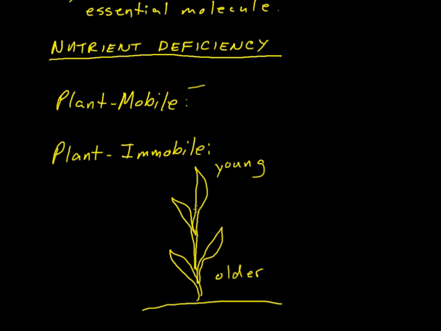Where it occurs first on the plant can tell us a lot about what element might be causing that condition, or which element is lacking. And this has to do with the mobility within the plant. So in the case of a nutrient that is plant mobile, its deficiency symptoms tend to occur in the older tissues first.